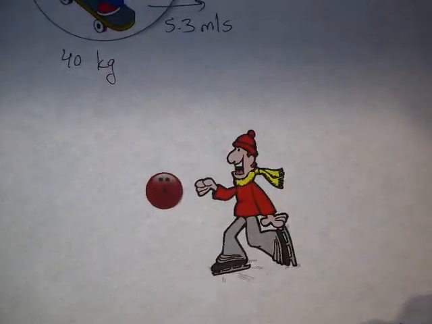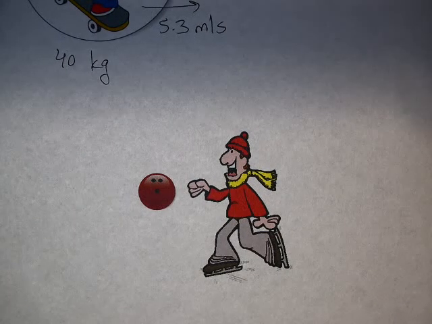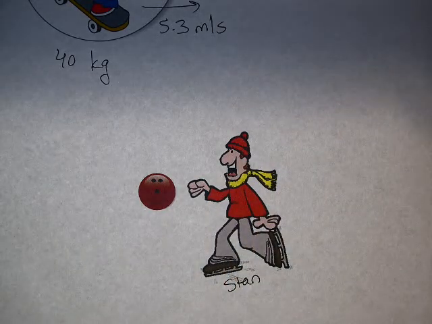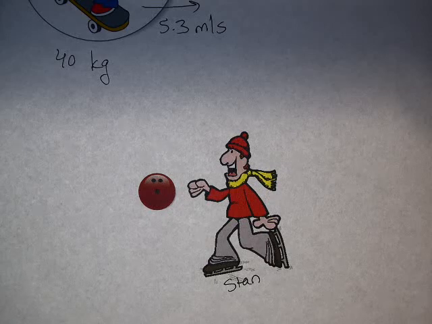Okay, now we have, what should we call him? Stan? How about Stan? Stan is standing at rest on an ice skating rink holding a bowling ball, which confuses the people around him. He and the ball are at rest.